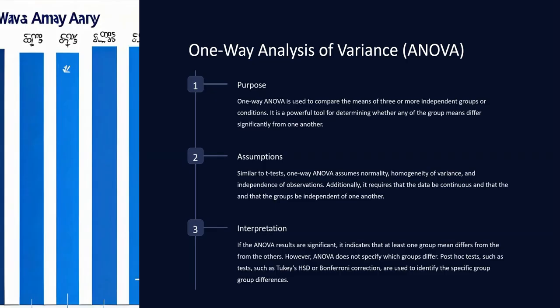Then one-way analysis of variance, that is called ANOVA. So you need to understand the purpose, because in the software when I demonstrate all those things, you can easily calculate and get the value, but you need to understand when you will go for one-way ANOVA and when you go for two-way ANOVA.